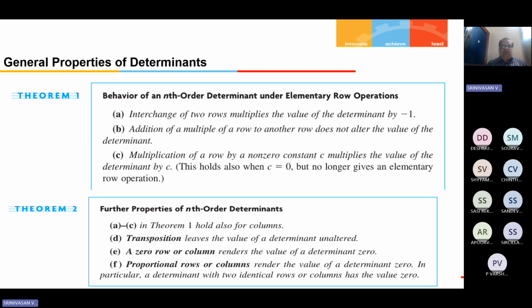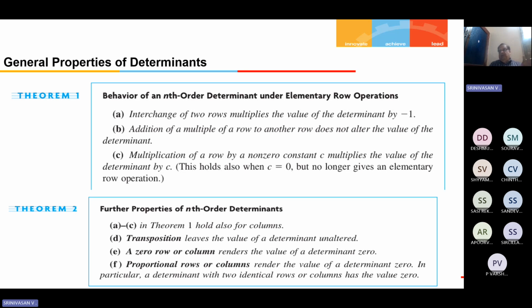You will see that there is no change. They are one and the same. That's what it means. Transposition leaves the value of a determinant unaltered. It means if determinant A is the given determinant of a matrix A, and determinant A transpose means the determinant of its transpose, then their values are the same. A zero row or column renders the value of the determinant 0.